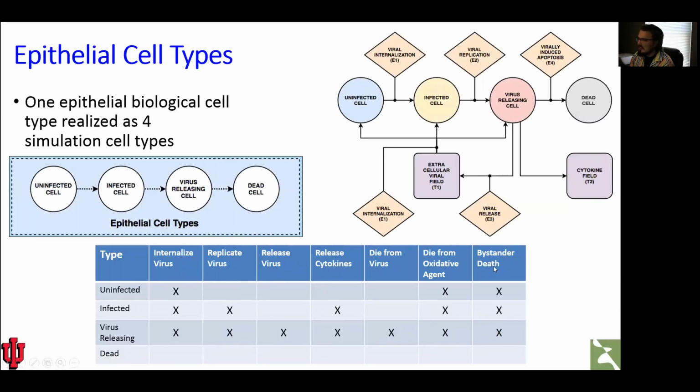And then killing by oxidative agent from immune cells or the bystander effect are indiscriminate with respect to the particular stage of epithelial cell. So both the bystander effect and the oxidative agent can kill uninfected cells and virus-releasing cells or infected cells alike.